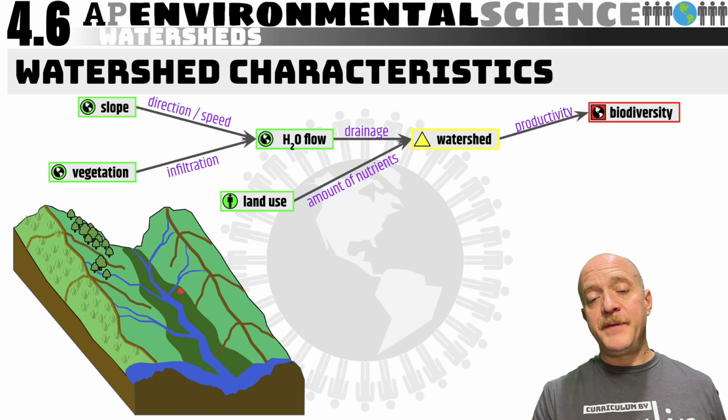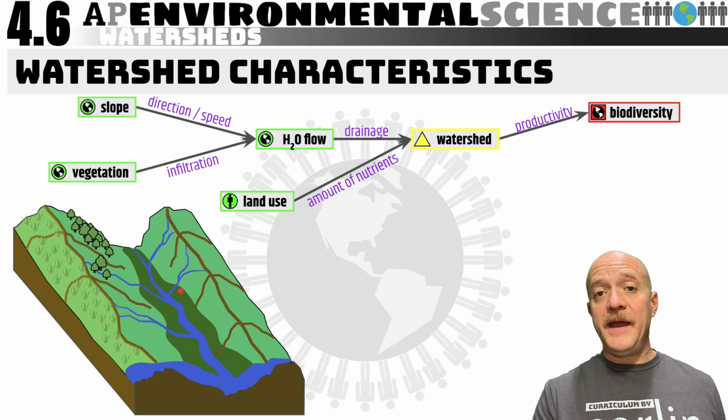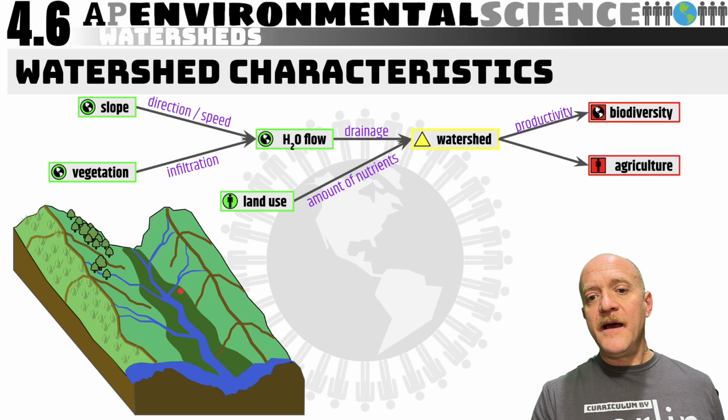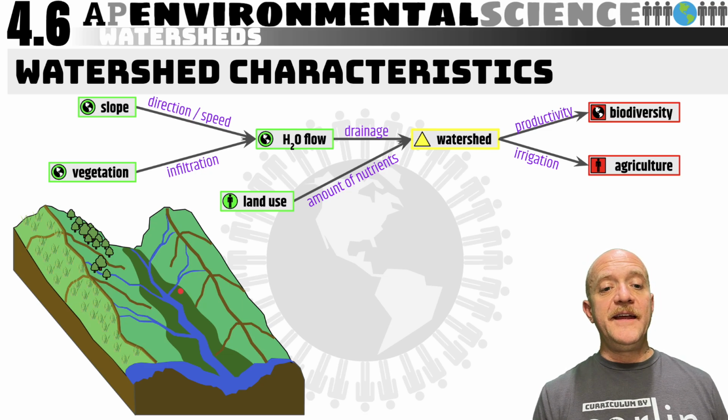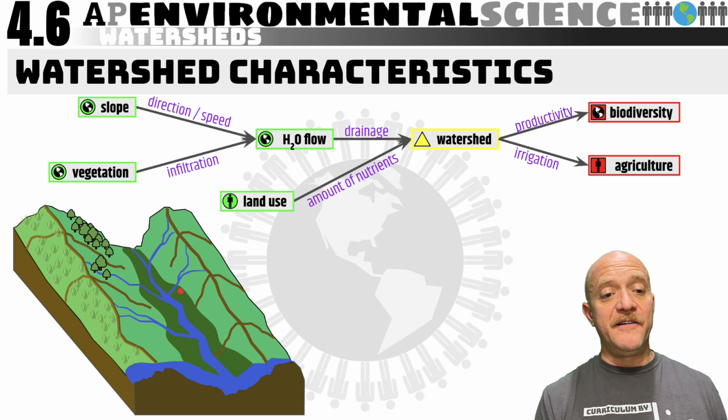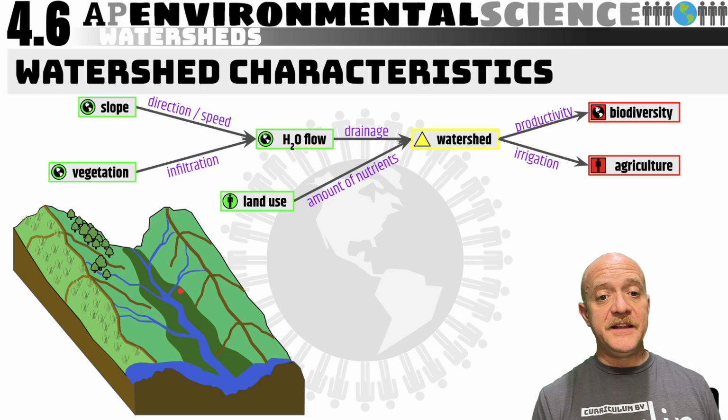It can impact biodiversity because we may have more or less productivity, but it can also impact agriculture because we can use it for irrigation. One of the negative effects of using nutrients in the land or using synthetic fertilizers is that it can lead to eutrophication, which will eventually lead to hypoxia.